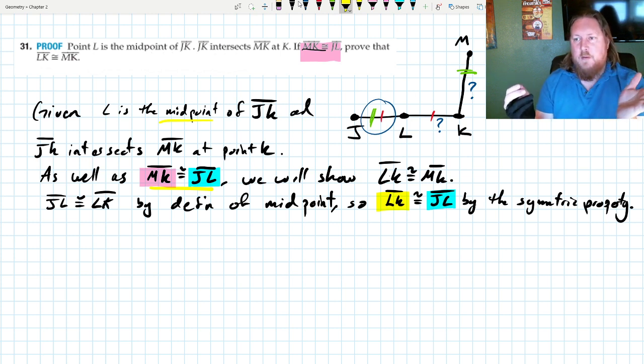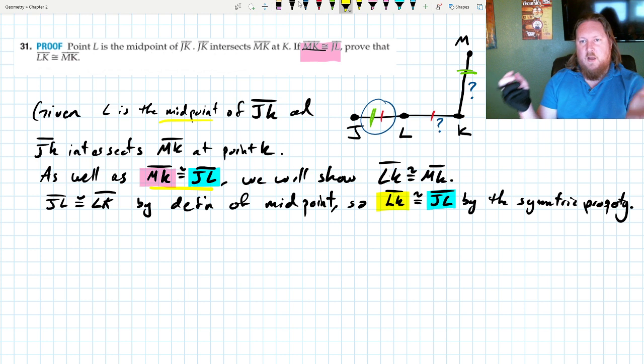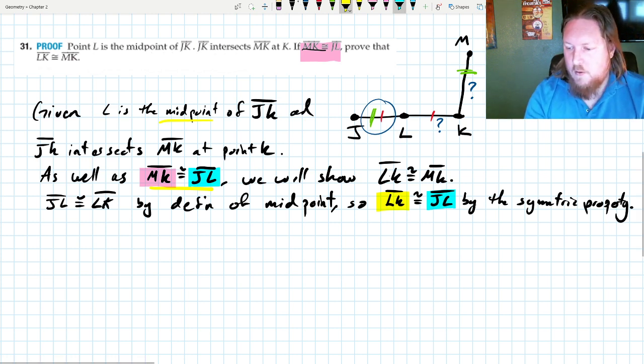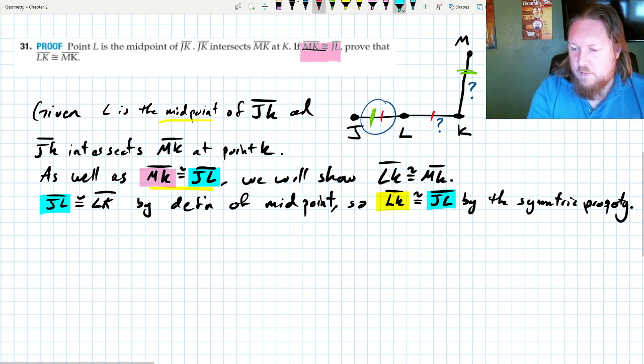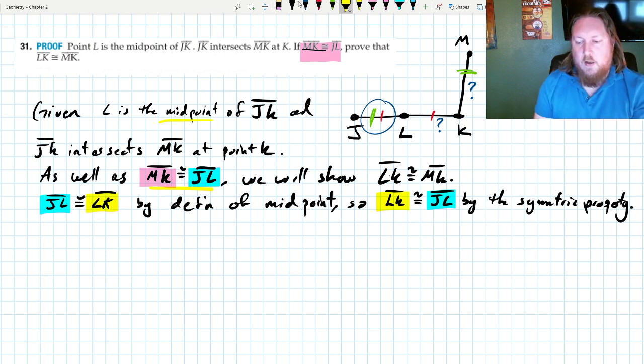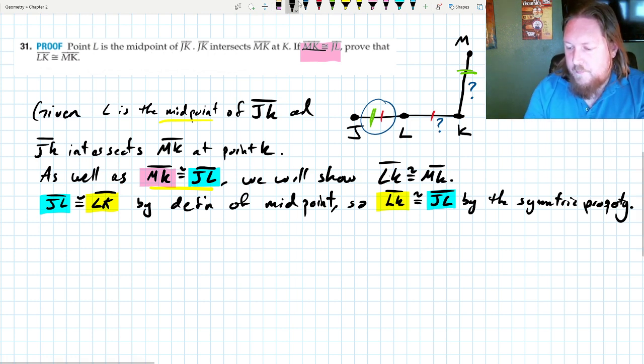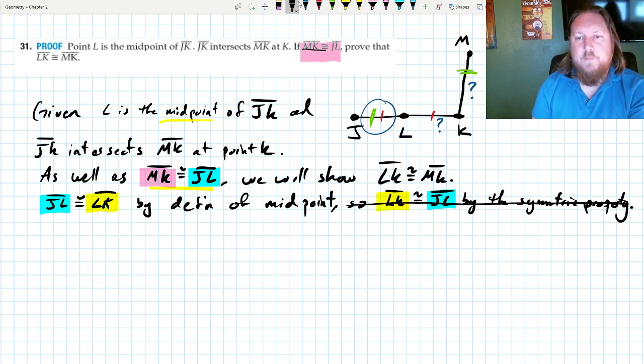Oh, you know what? Maybe I didn't need the symmetric property because now they're not lined up, right? Before, the JL and the LK were lined up. JL was at the second part and JL was in the first part. So I'm actually going to cross this part out here. I didn't need to use the symmetric property.